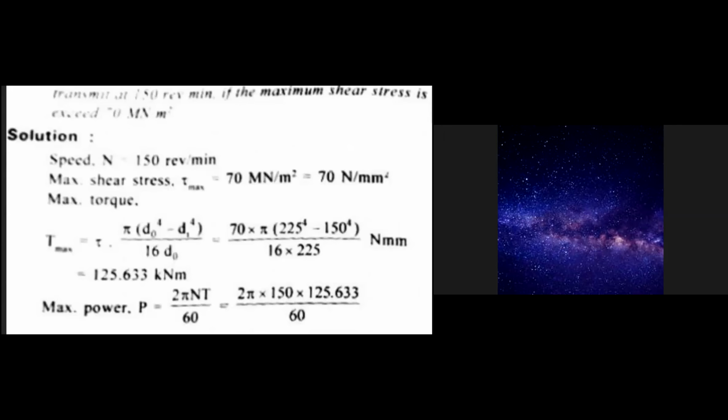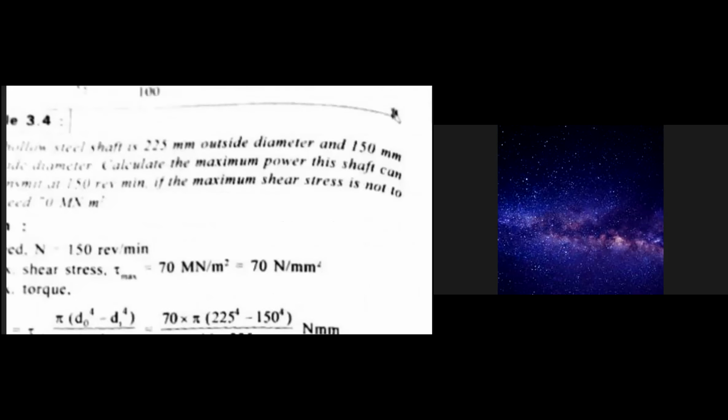Here d naught is 225 mm and di is 150 mm. So substitute the values, that is pi into tau value is 70 into pi into 225 power 4 minus 150 power 4 by 16 into 225.